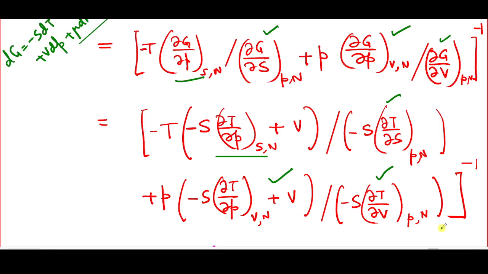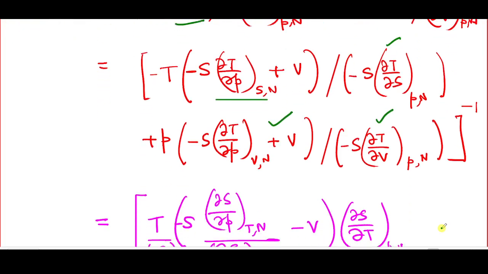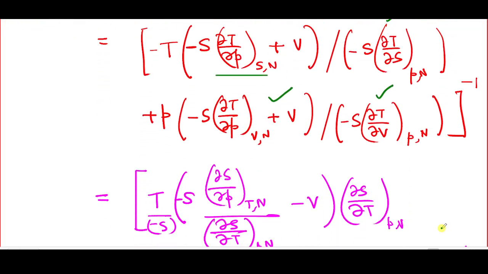So we come to step 3. And step 3 involves bringing all the entropies which are involved in the partial derivatives to the numerator and then using Maxwell's relation. So let's see how the first term here fares.